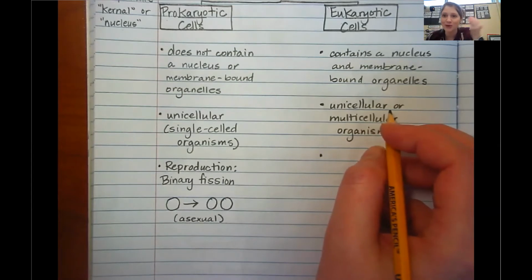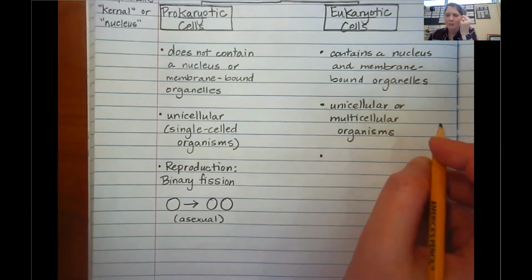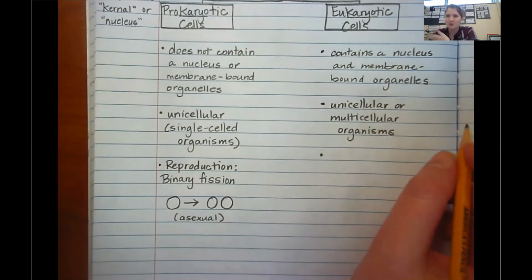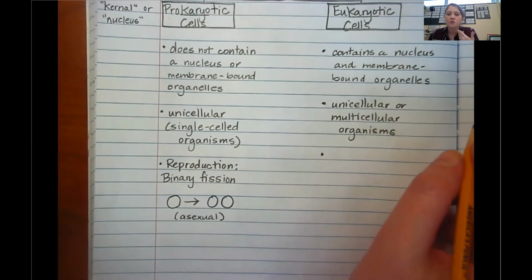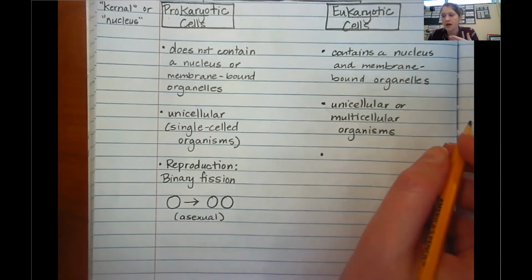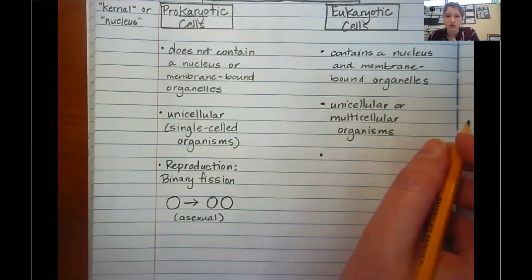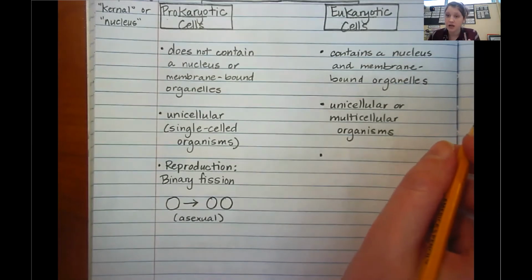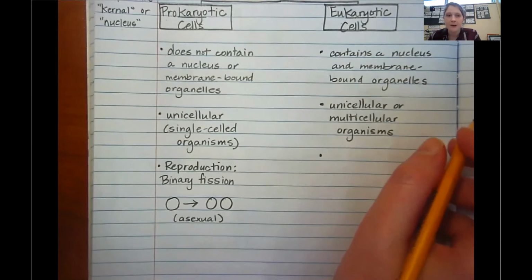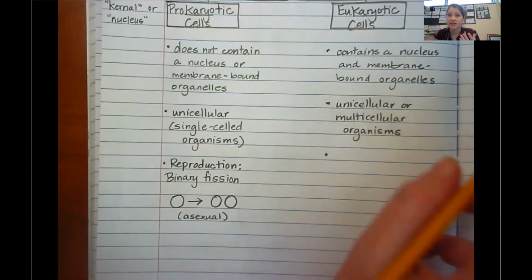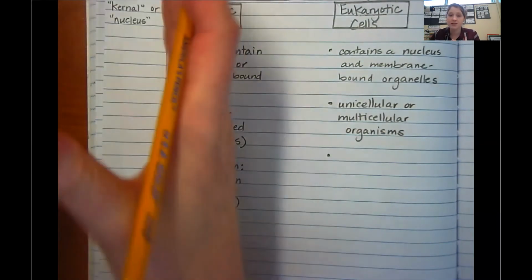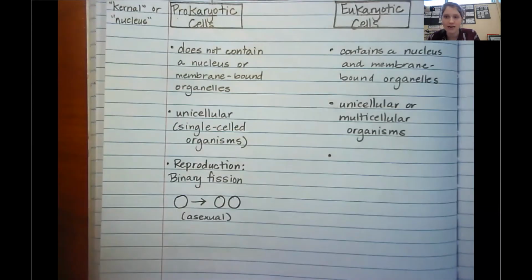It would be terrifying, but pretty cool, if I could just split in two and become a second one, but it doesn't work that way. So we don't just reproduce asexually through binary fission. We also reproduce sexually, and that's a whole separate process. Our cells go through a different process called meiosis, which we'll get into later, but it's an entirely different beast.